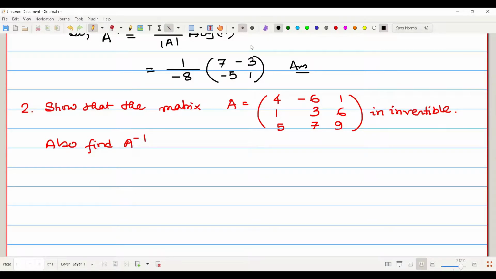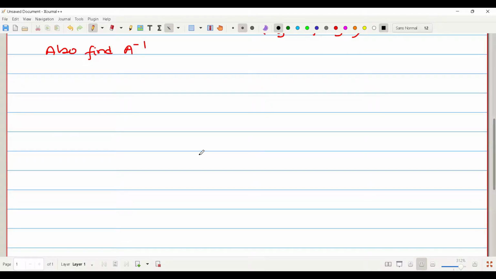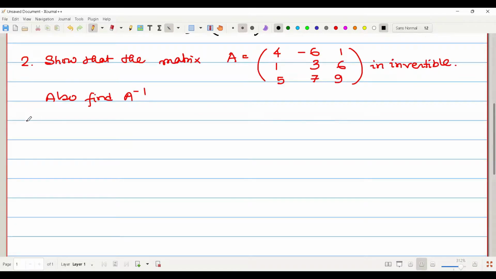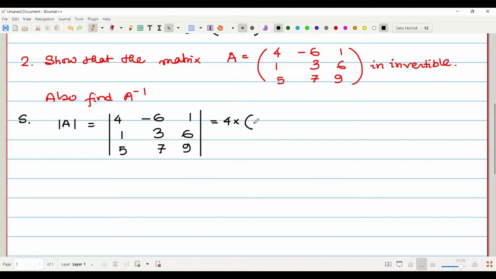So the solution: we have to find the determinant of A at first. So the determinant of A is |4, minus 6, 1; 1, 3, 6; 5, 7, 9|. For the matrix to be invertible, the determinant has to be not equal to 0. So that one is 4 into (3 into 9 minus 7 into 6).